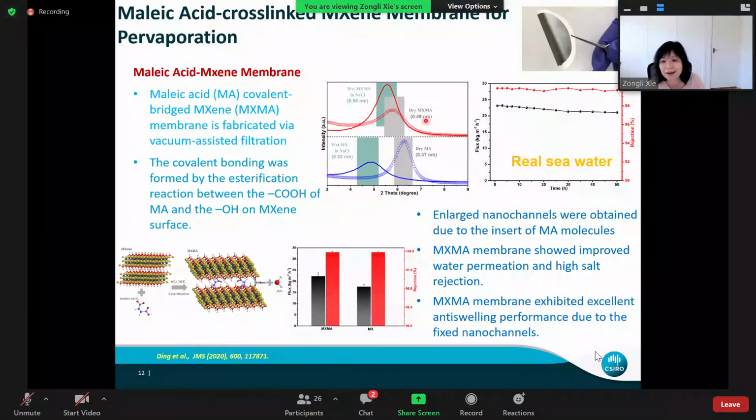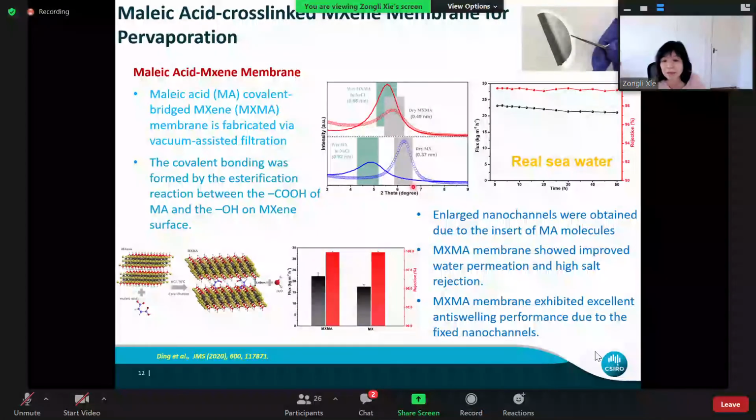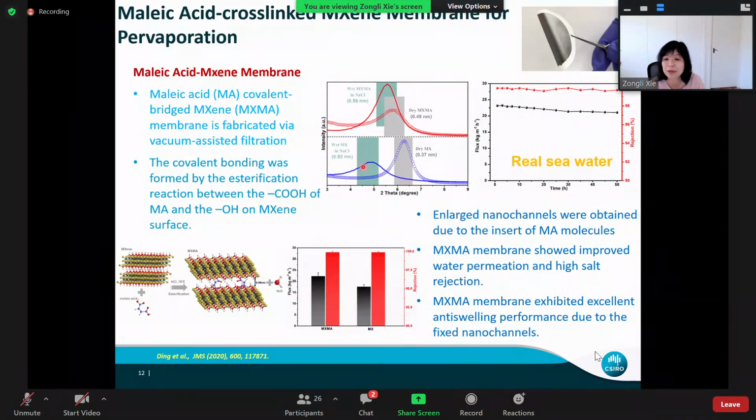This is an XRD. For the pure MXene membrane, we can see that between the dry membrane and the wet membrane, the interlayer spacing changes a lot, increasing, due to the swelling of the MXene. But when we cross-link with malic acid, we can significantly reduce that swelling.